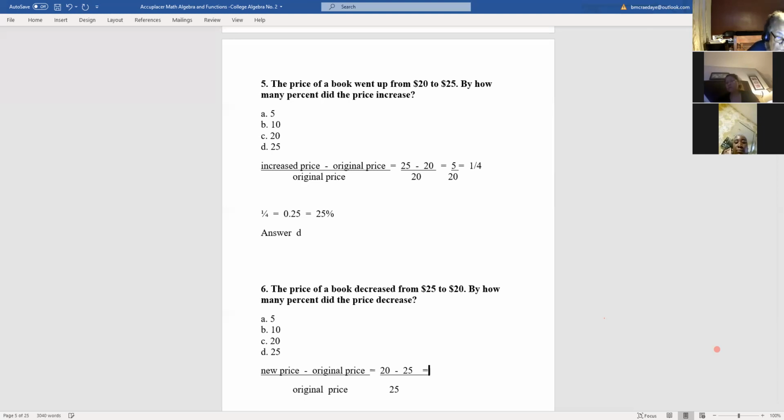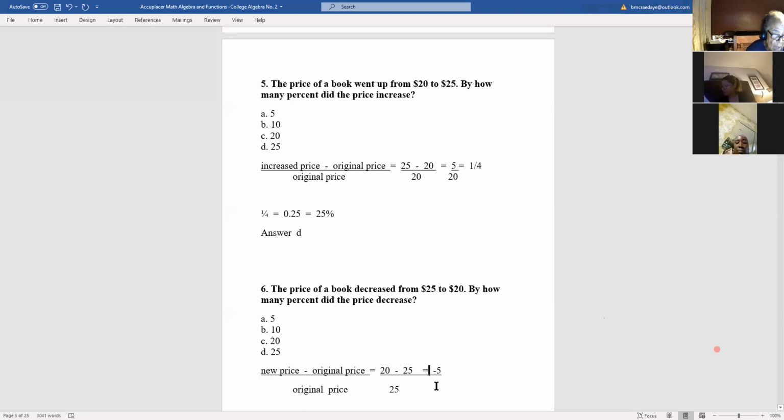Equal to minus 5, and let's just put it over 25.